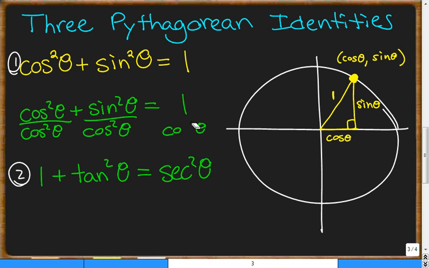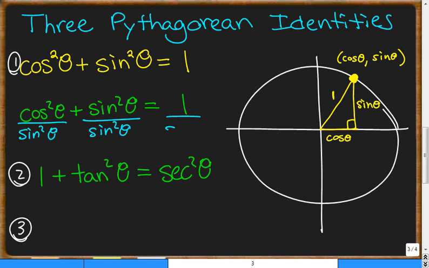But let's go back to this middle part. And I'm going to change this around. Instead of dividing by cosine squared, I'm going to divide by sine squared. So now I can create something brand new as well. Cosine squared divided by sine squared.